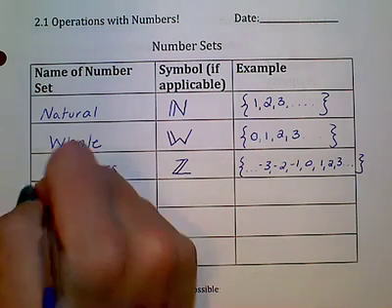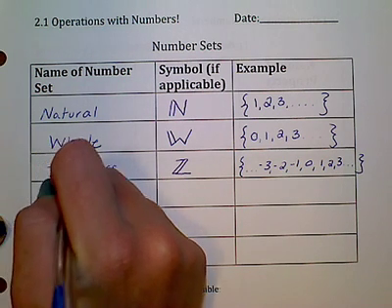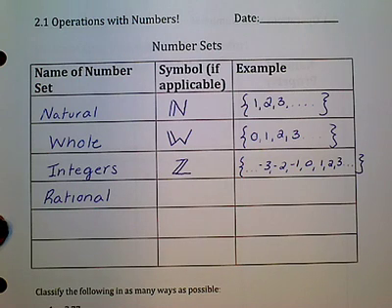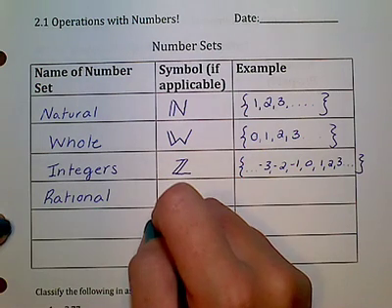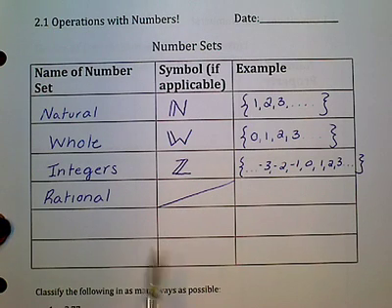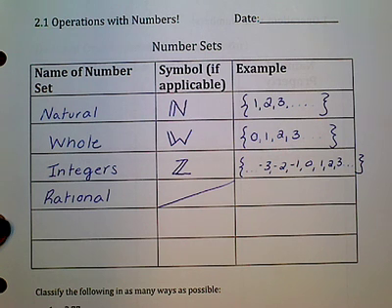The next one would be the rational numbers. And unfortunately, they don't have a symbol. There is no symbol for rational numbers, so let's just X that out. Let's think about that word rational. If somebody behaves rationally, they behave in a way that makes sense. Well, that is true with rational numbers too. They behave in ways that make sense, and what I mean by that is their decimals either end or repeat.